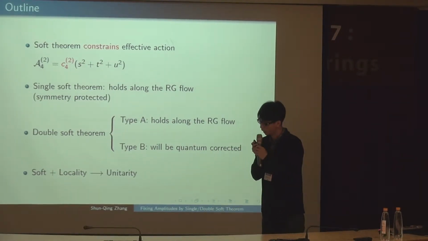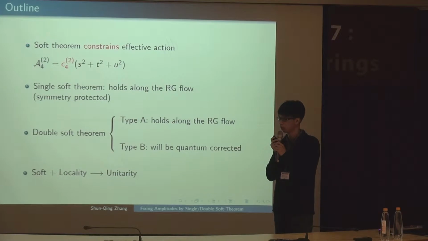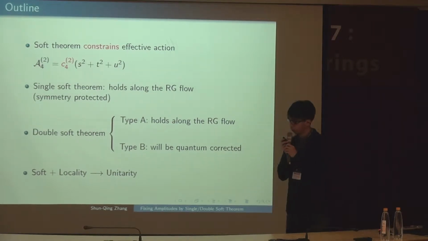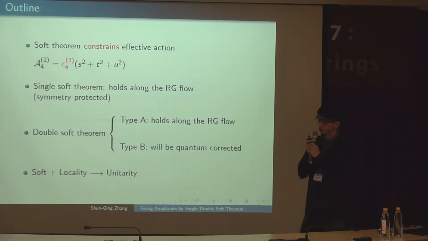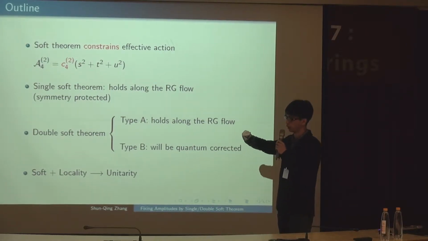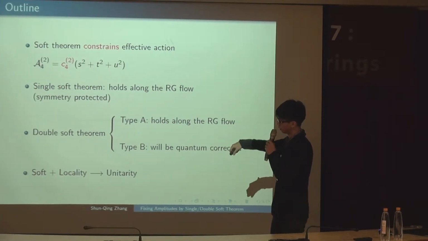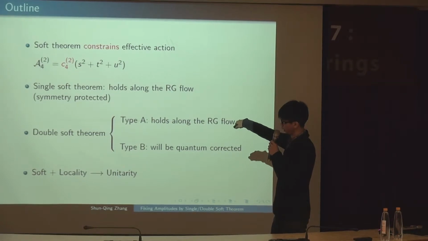Locality means that in the factorization channels, I only allow simple poles. Unitarity means the residue of the pole is a product of two sub-amplitudes. I'm going to relax this restriction a little bit and see whether the soft theorem can still give the unitary answer.